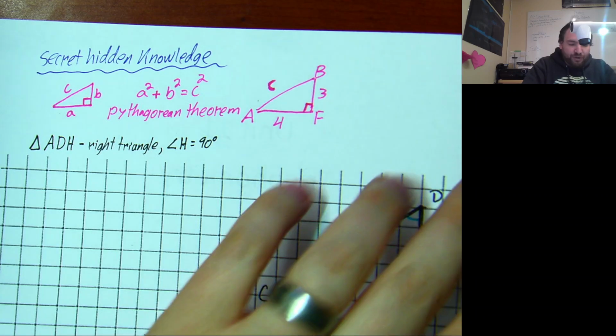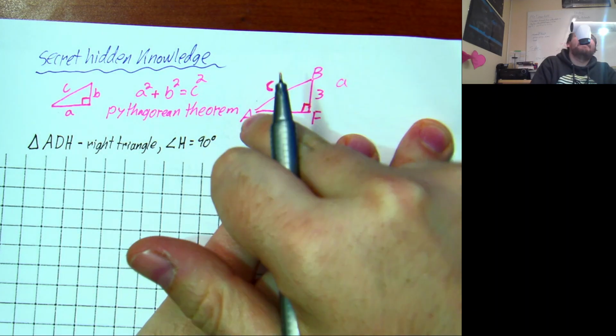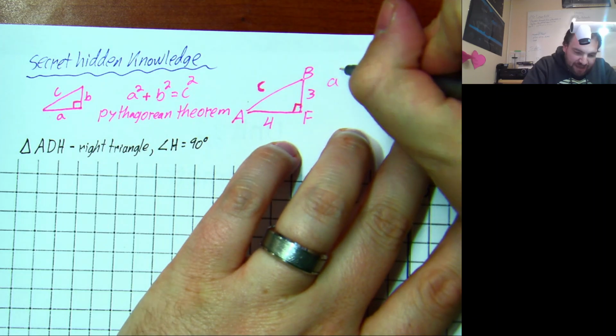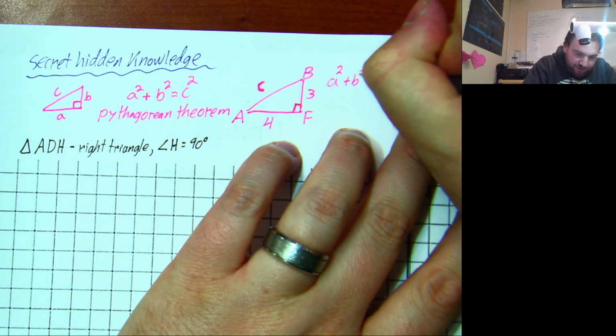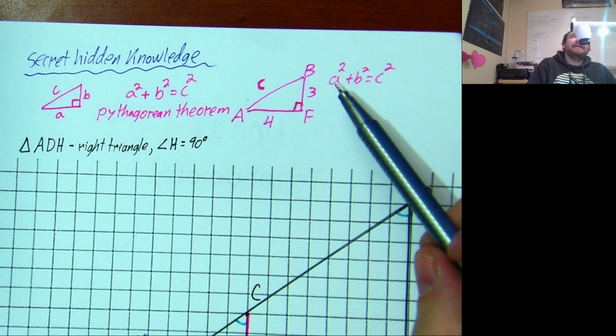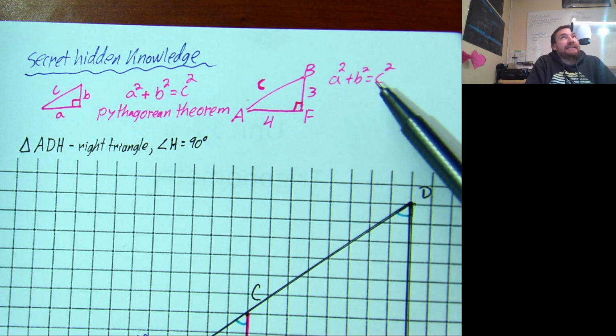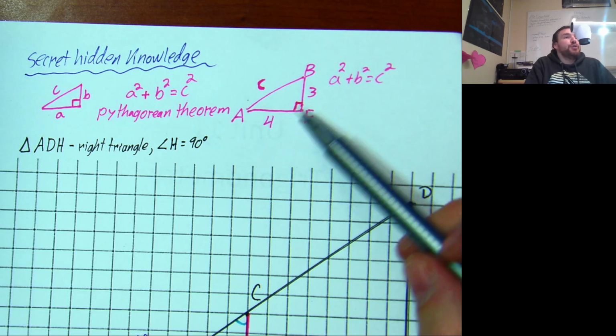So how this works is this. If we want to know what the length of the hypotenuse is, we're going to use the Pythagorean theorem, a squared plus b squared equals c squared. Now, it doesn't matter which side lengths go into little a and little b, but it has to be the two smaller sides.